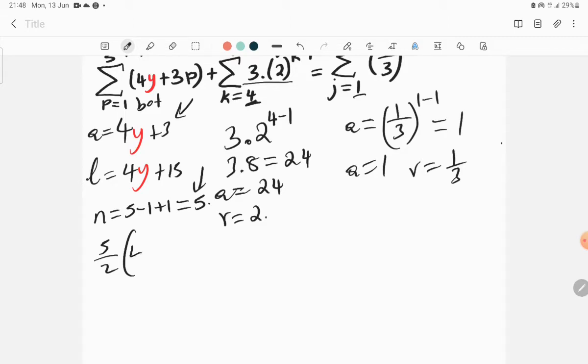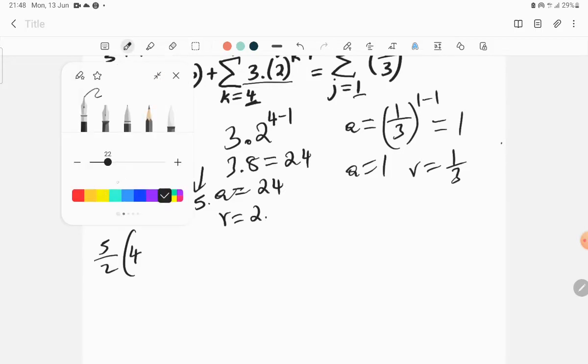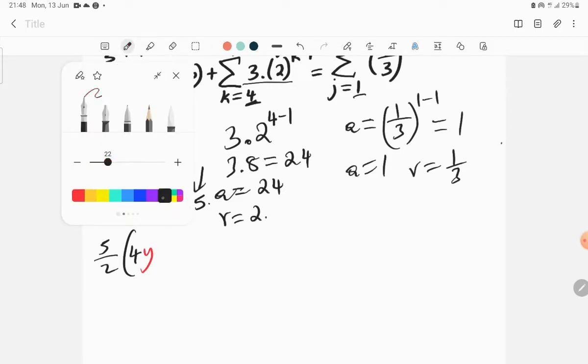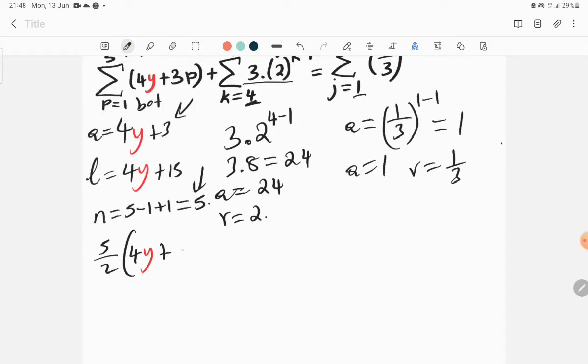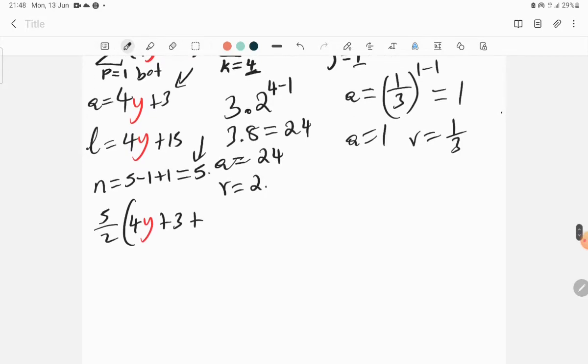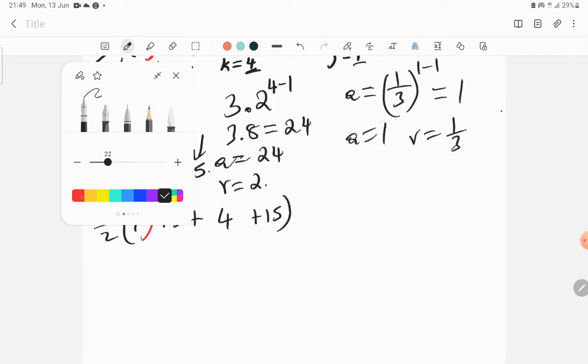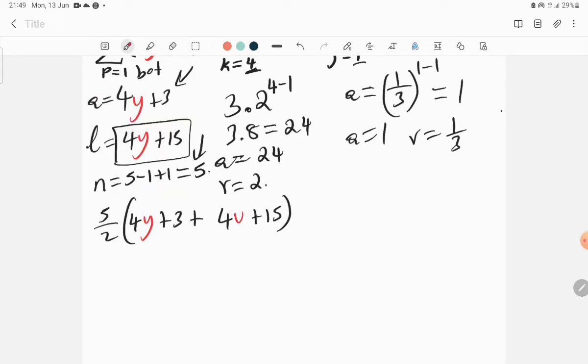Then our a is 4y, then plus 3. Then we also have plus our l is this one, so we also have 4y plus 15. Then therefore 4y plus 15, so we have y here.